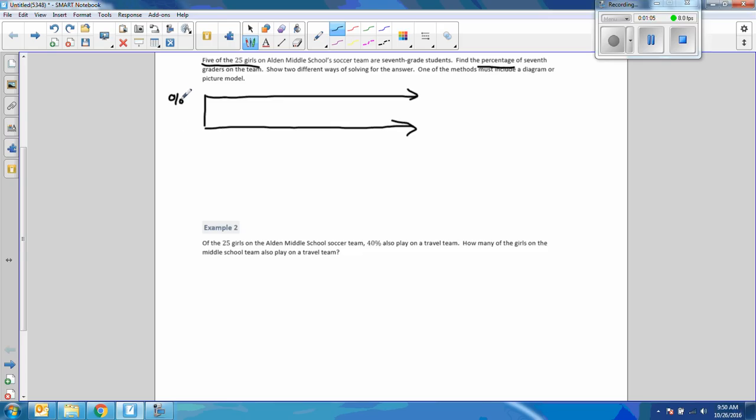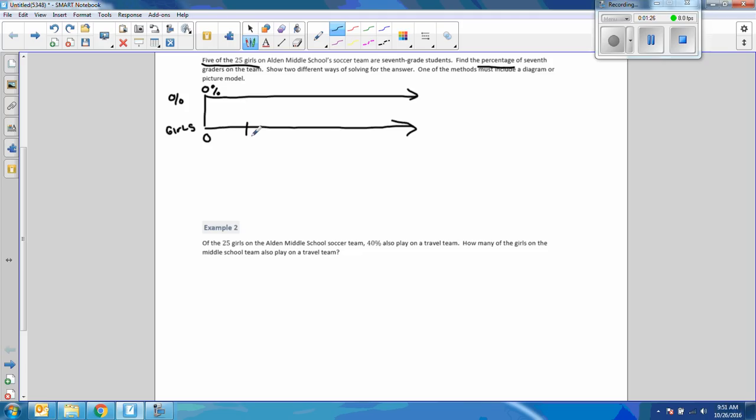So I'm going to put percentages up here, and then say students down here, or girls. So if there were 0 girls on the soccer team, there'd be 0% playing.